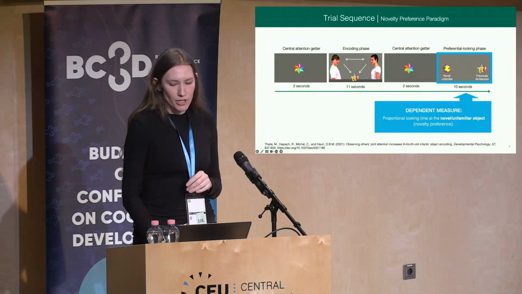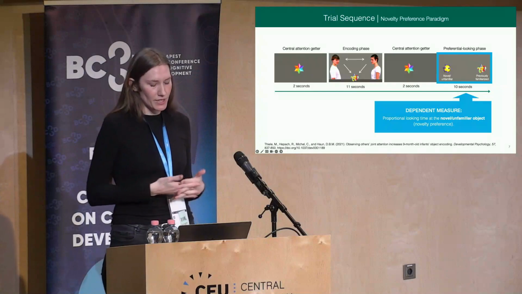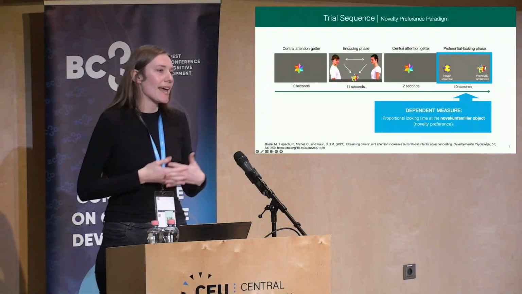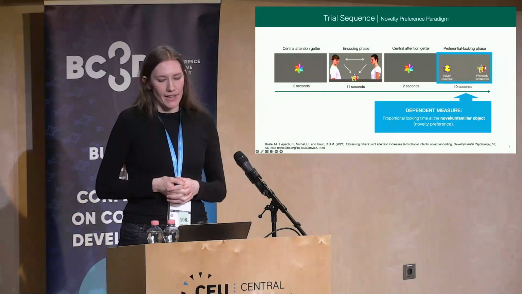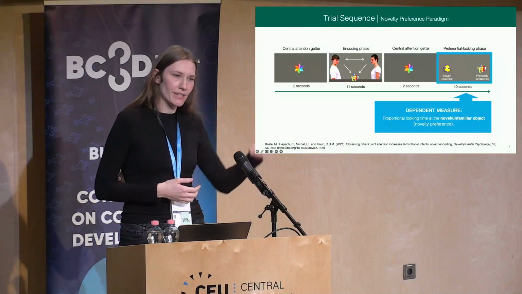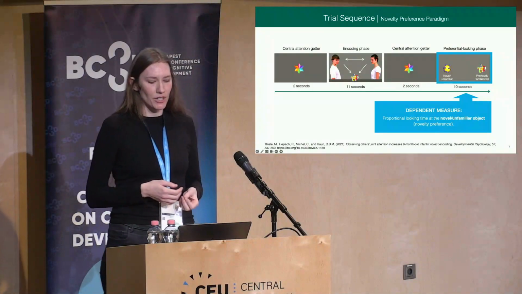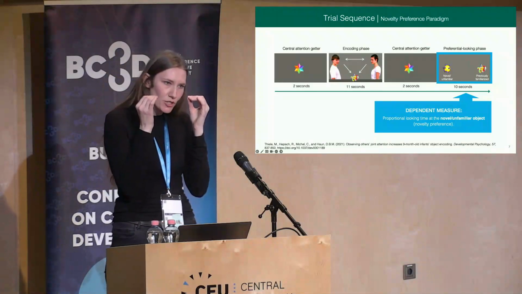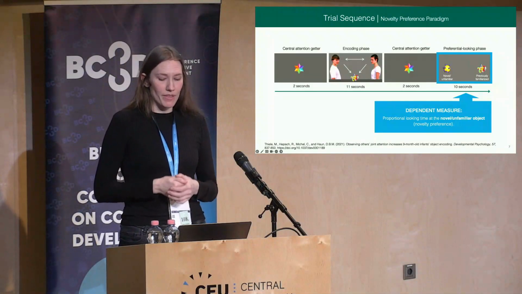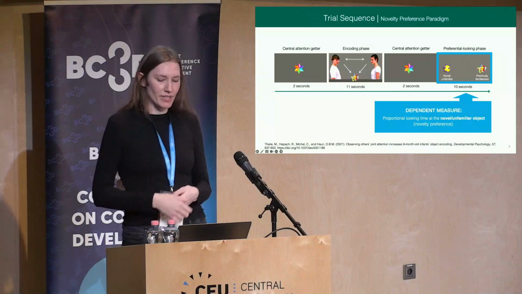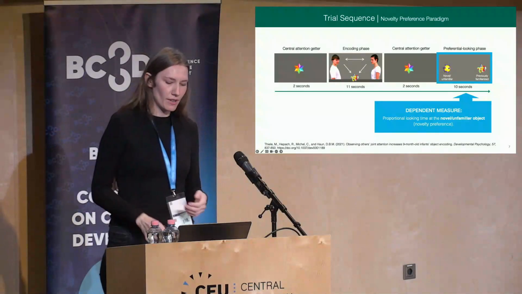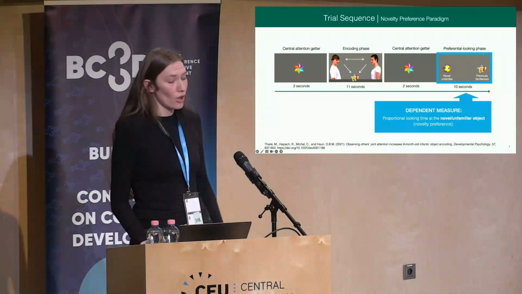According to the logic of the paradigm, this novelty preference in the preferential looking phase indicates that infants had encoded the familiarized object during the previous joint attention situation, meaning that they had stored its visual features in their memory, while the novel object still required attention to be processed and therefore captured more attention. That's the logic of the paradigm.